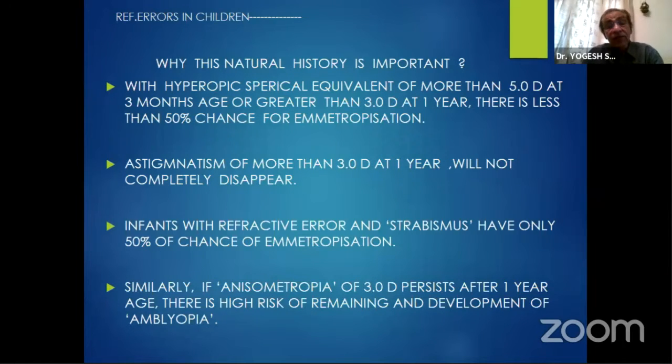If the parents bring the child with watering, epiphora or red eye, signs of ocular asthenopia in a child, all these factors you have to keep in mind. So you cannot just wash away these things. No, no, no, there is nothing important. You must investigate by a full cycloplegic refraction.